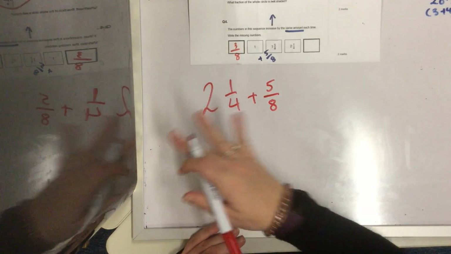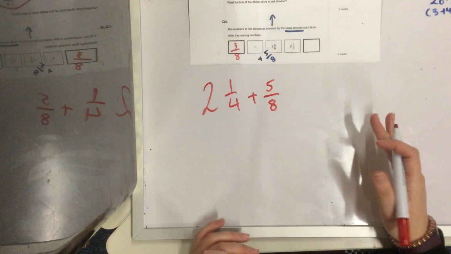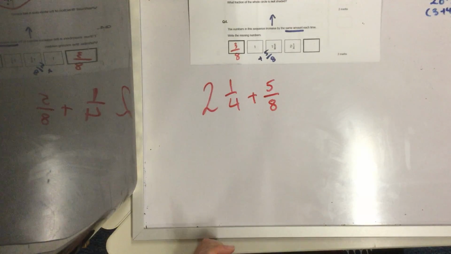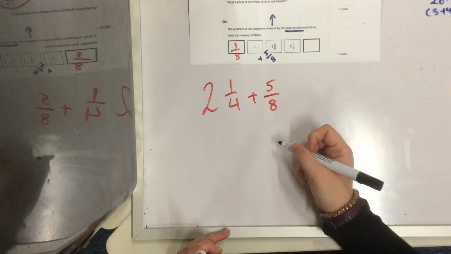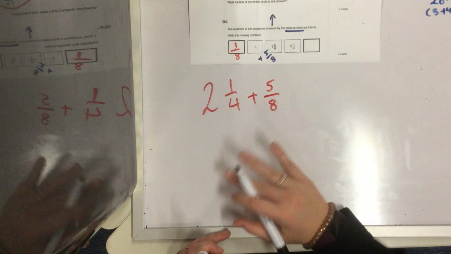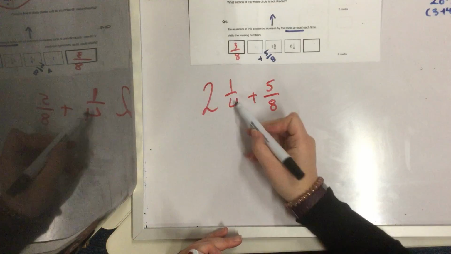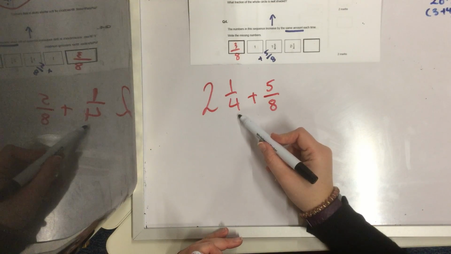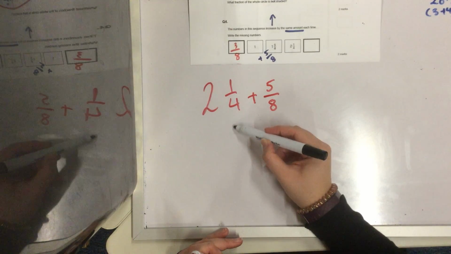You could do the improper method, you can do this in your head, you can do whatever you like. For this question, I can already see that it's not going to be too complicated. I've got 1/4 and I can make that over 8. If I double the 4, I'd get 8, and I double the 1.